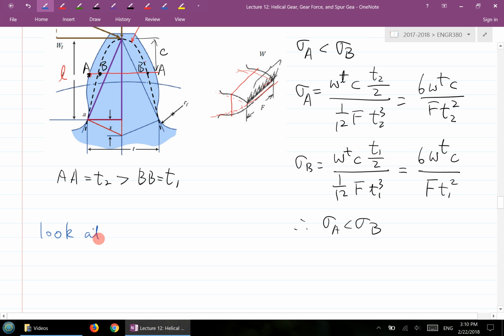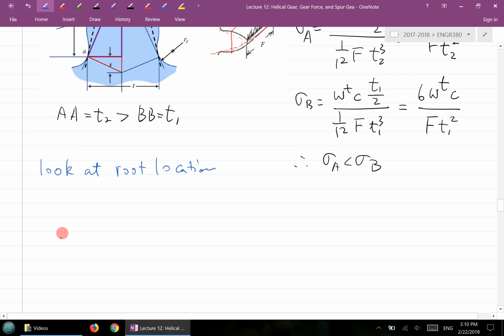If you look at the root location, essentially you have a cantilever beam. Of course it's not a straight rectangular beam anymore. You have a WT applied here, and we're looking at the stress at the root location, which is the critical location.